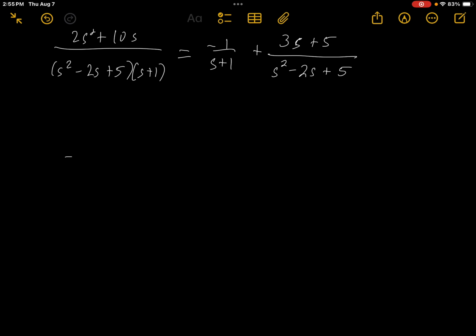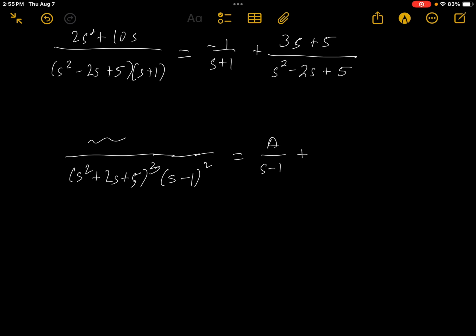So for instance, if you had some polynomial over (s squared plus 2s plus 5) to the third power, times (s minus 1) squared, what would the setup be? Well, you have this s minus 1 squared, and so that's going to be a constant over s minus 1 plus a constant over (s minus 1) squared.